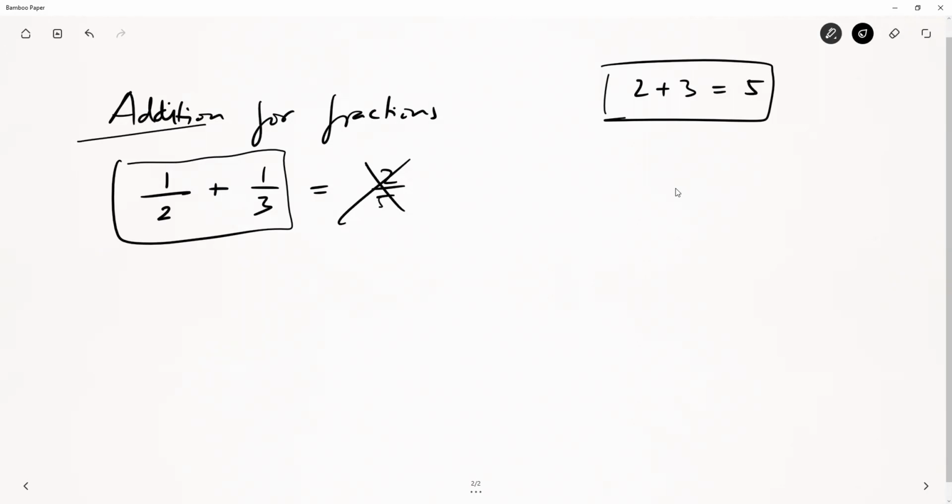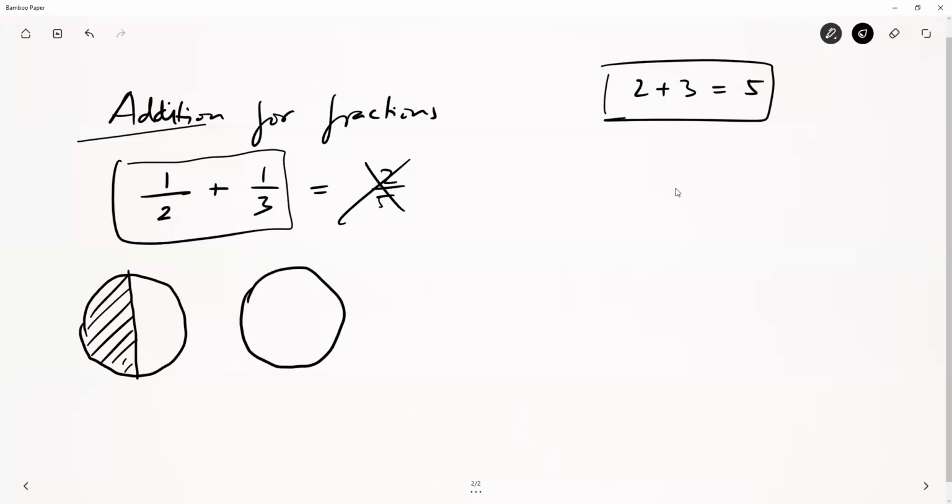Okay, and the best way to show this is by first letting them think about what a half is in a diagram. They have seen this before. Half is simply this part, and then the 1/3, in this case, is this part.